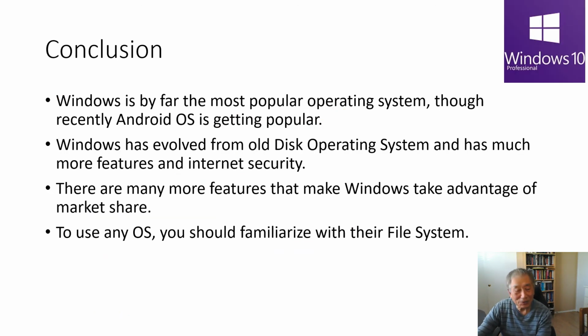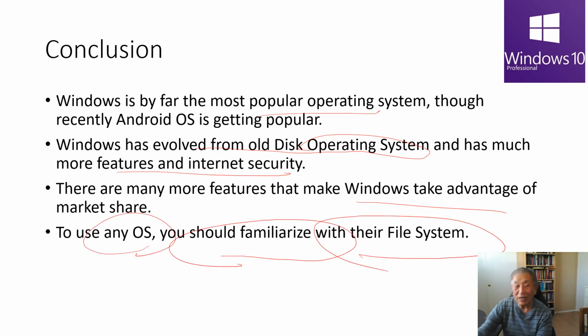Okay, so the conclusion I'm making, just the ending of it, is that Windows is by far the most popular operating system, and it evolved from the older disk operating system, with many more features that let Windows take advantage of market share. And to use an operating system, you have to familiarize yourself with the file system, because the file system is where all the necessary information of your data to process is handled.